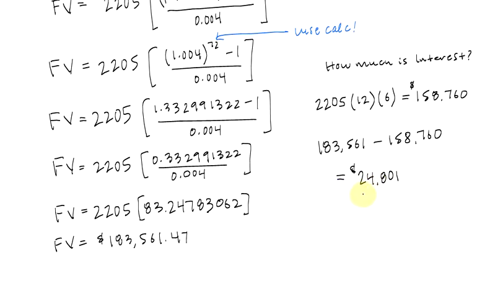So that is the amount of interest in this case, which we found by calculating the amount of money that was put into the account, not including interest, and then subtracting that from the amount of money that we found to be the future value of this annuity.